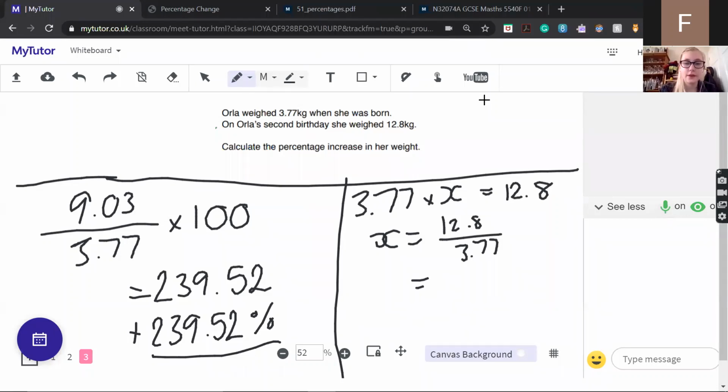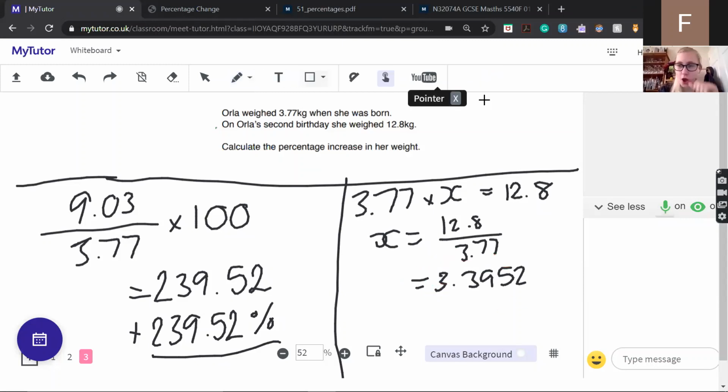It's 3.3952. And remember, that translates to an increase of 239.52, because you need to subtract 1 from it, basically. And hopefully that makes sense, because say if we had an increase of 50%, that would be a multiplier of 1.5. If we had an increase of 150%, that would be a multiplier of 2.5.